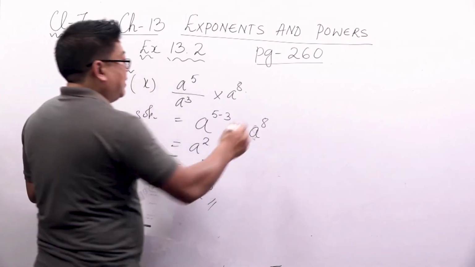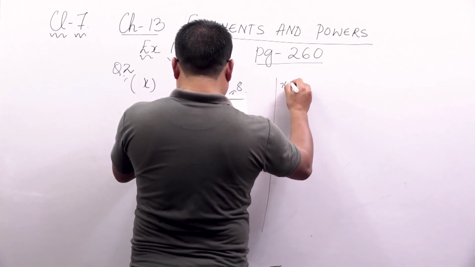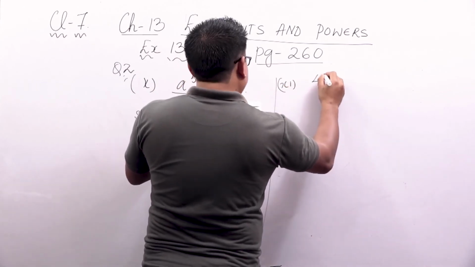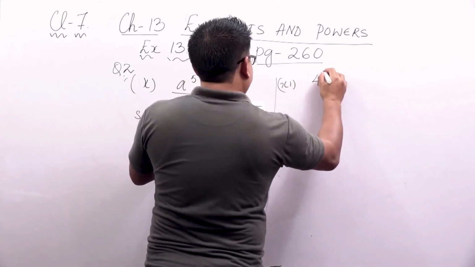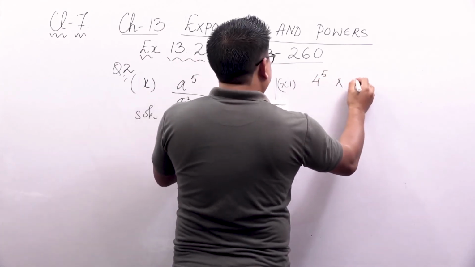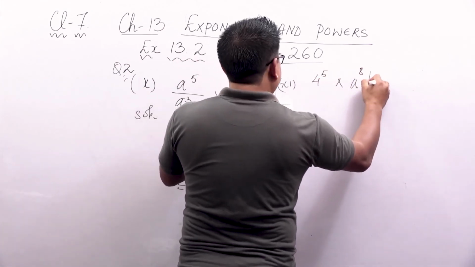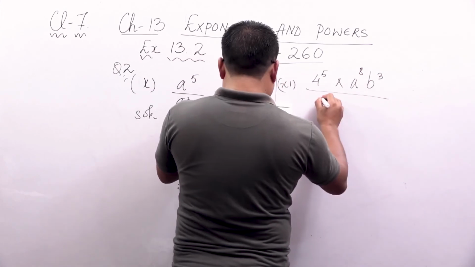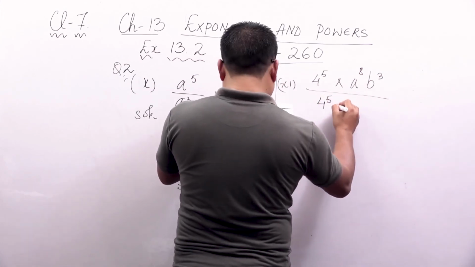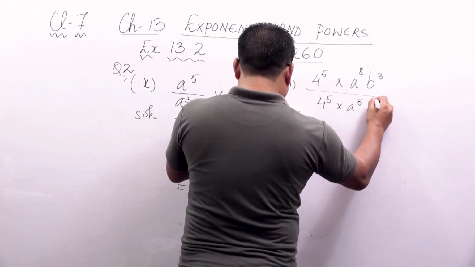All right? Similarly, question number 11, 4 to the power 5 into a to the power 8 b to the power 3 by 4 to the power 5 into a to the power 5 b to the power 2.